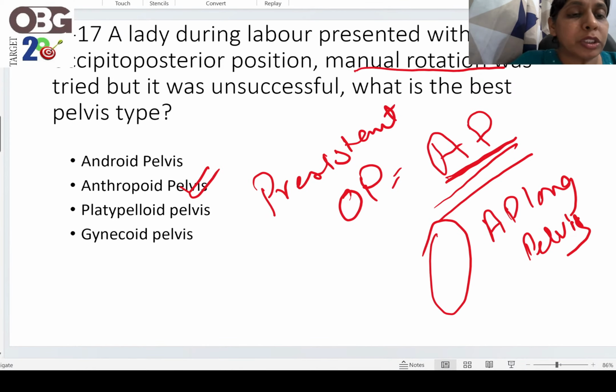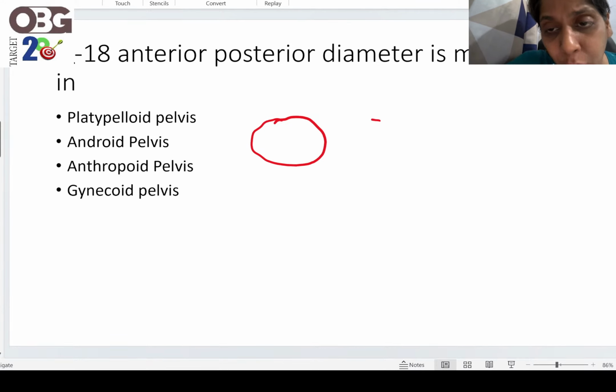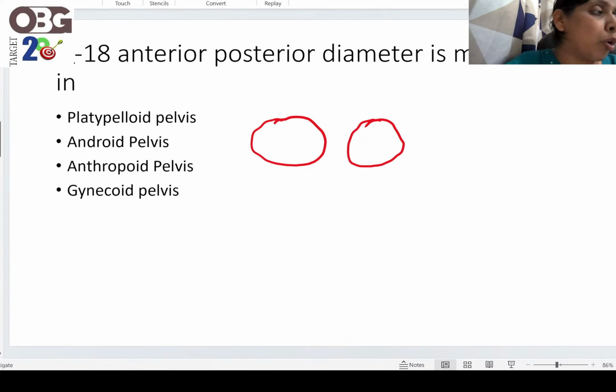Okay, so a lot of questions on the anthropoid pelvis. Let's go ahead. The anteroposterior diameter is maximum in the anthropoid pelvis; in the platypelloid pelvis the transverse diameter is maximum. In the gynecoid pelvis it is slightly more, but the transverse diameter is more.